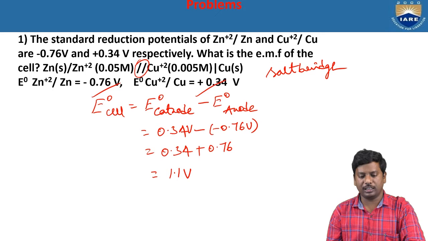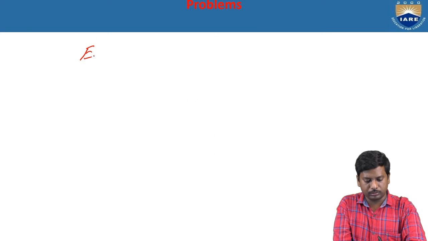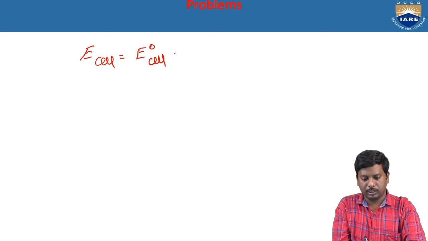Now we can calculate the cell potential with the help of the Nernst equation. E cell is equal to the standard electrode potential of the cell minus 0.0591 by n log Q, the reaction coefficient.